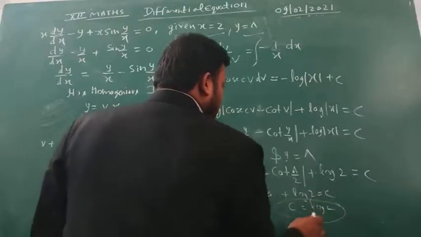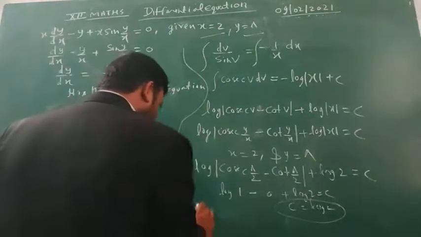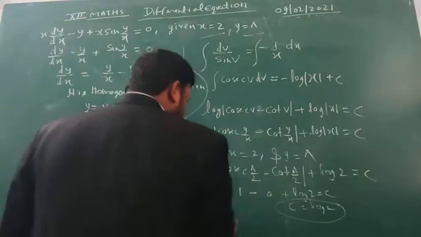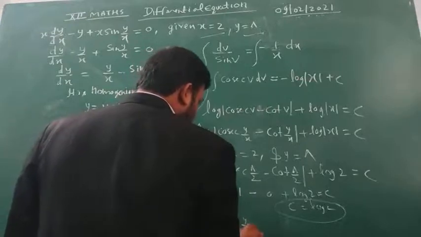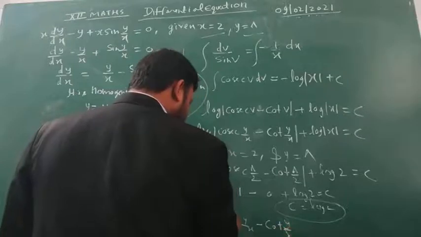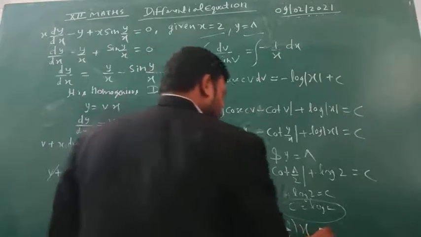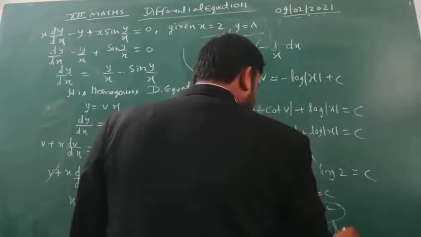So students, our c is log 2, and now we put the value here, we get the solution: log of cosec y by x minus cot y by x, into x, is equal to log of 2.